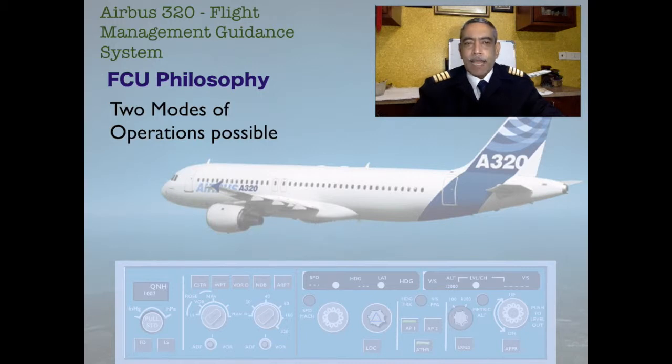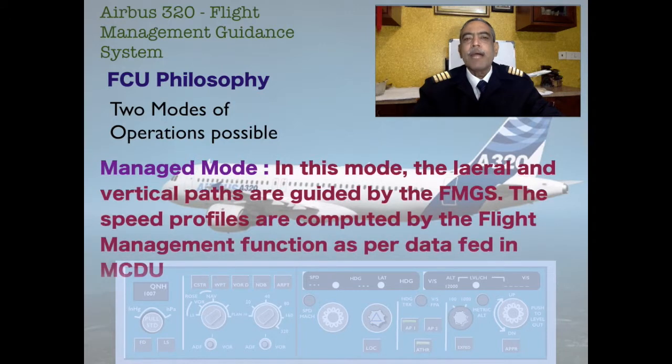Now there is a managed mode. In this mode, the lateral and the vertical path are guided by the FMGS. The speed profiles are computed by the flight management function as per data fed in the MCDU. Now, before the flight, the pilot would have prepared the entire route and the different profiles, the speeds required, etc., as required by the route.